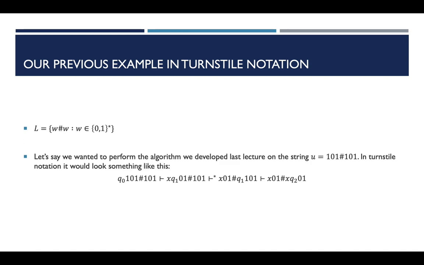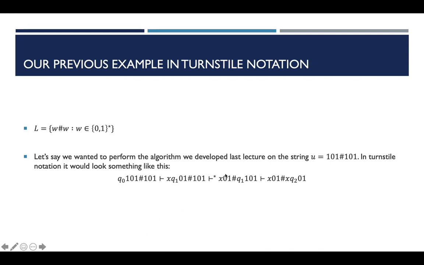If you were to give me a string, the algorithm that we developed figures out whether the string is in the language or not. So what we're doing here is building an acceptor. We are answering the membership question for this language. And in turnstile notation, the first couple of steps of that algorithm look something like this right here.